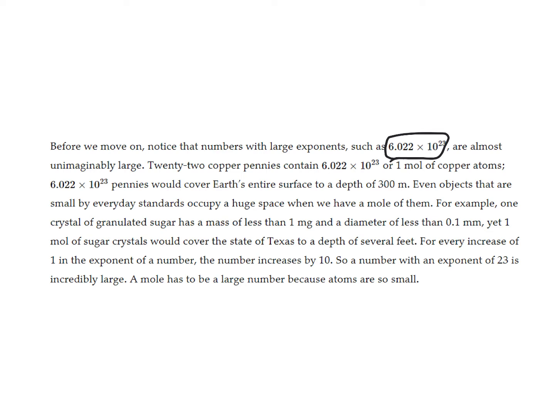But if we have 1 mole of pennies, it means 6.022 multiplied by 10 to the power of 23 pennies, they can basically cover the entire planet Earth's surface. And not only does it cover that, it goes to some depth inside too.